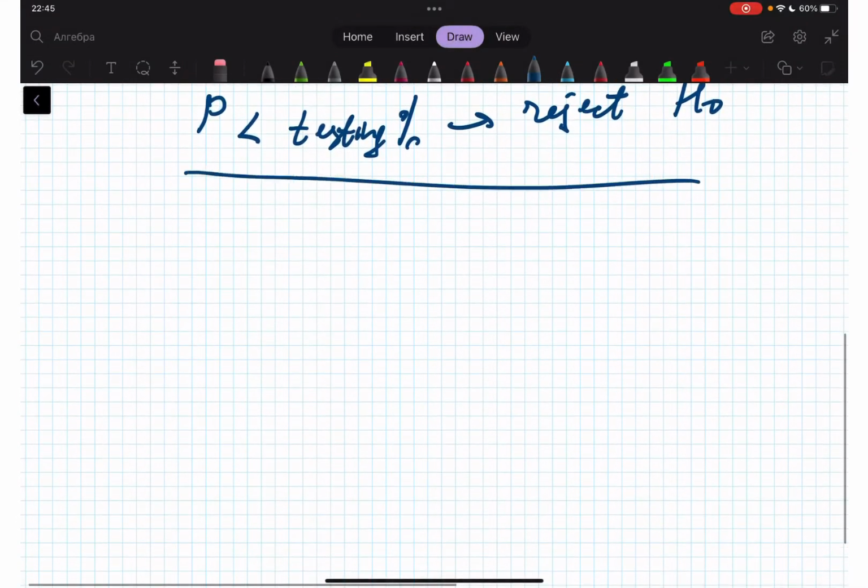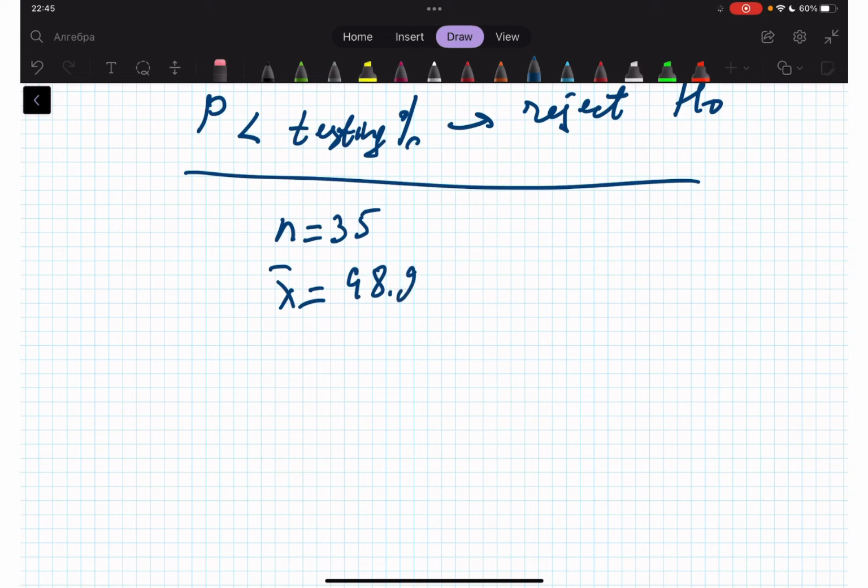So our sample size is 35, which means we are going to choose Z-score, not T-score, right? It's more than 30. X bar is 98.24, and then S sample standard deviation 0.92, and that's it. Significance level 0.05.